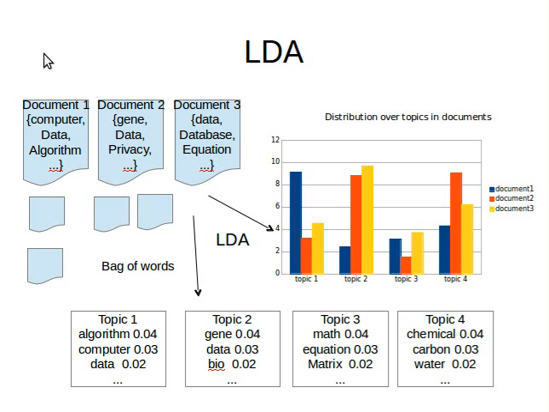Let's take a look at these 4 example topics. The first one, we see that the most frequent words are algorithms, computer, data, and the second one is gene, data, bio. Third one, math, equation, matrix. Topic 4, chemical, carbon, water, and from those words we can infer what the topic is about.